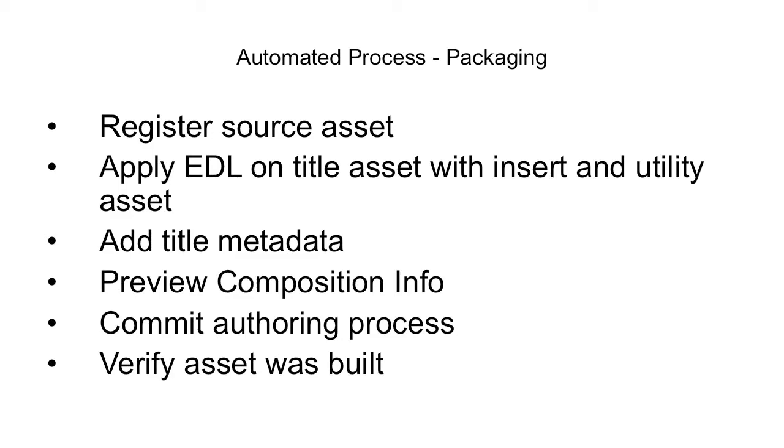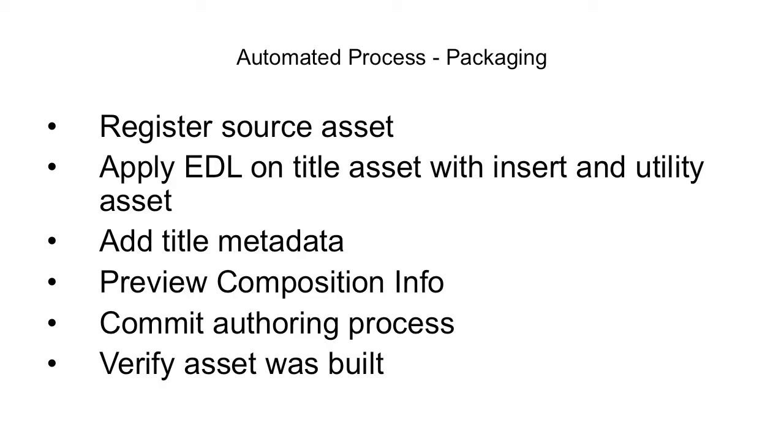And the first step in the process, you make a package, which can be IMF and DCP or other packages. First thing is you register the source material. And commonly you apply EDL, and have a proprietary, say, a film log or whatever other metadata.